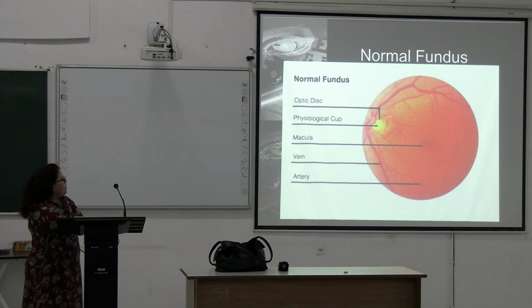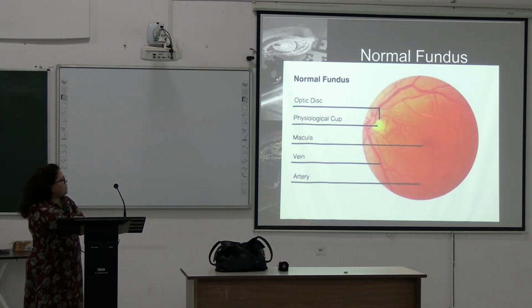And this is the disc, and this is the macula, and the macula is two disc diameters away from the disc. Disc is situated nasally and the macula is situated temporally. And these dilated vessels are called veins, and these narrower vessels are arteries.